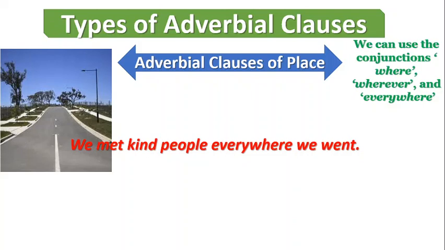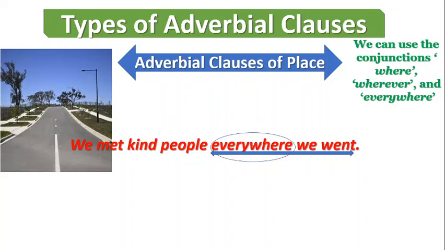Are you able to spot the subordinate conjunction? Very good. Everywhere. So when we spot that and we say everywhere we went, therefore it is what? The subordinate clause. What is the grammatical name of the underlined? We met kind people everywhere we went.